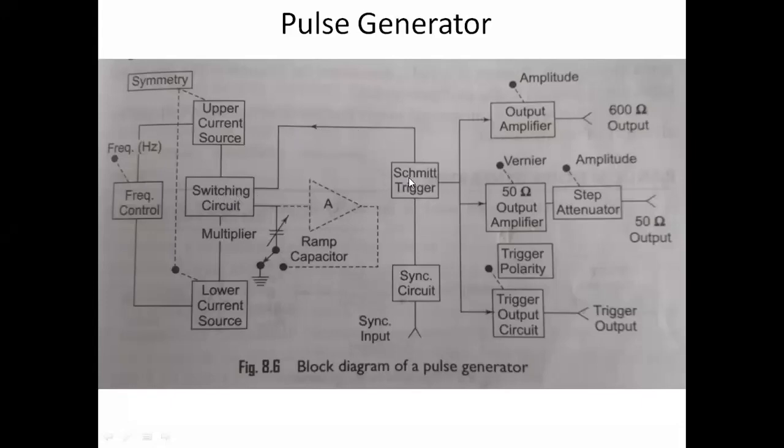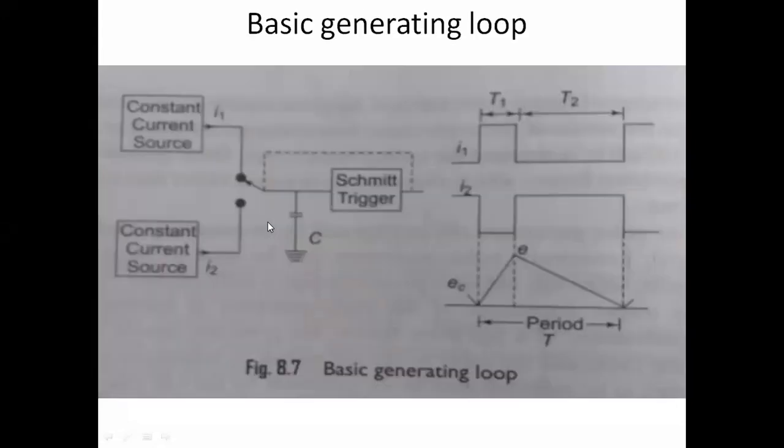When the Schmitt trigger output is positive, it connects the upper current source. When the Schmitt trigger output changes, that is, when it is lower, it connects the lower current source. You will see in the next basic generation how it works.